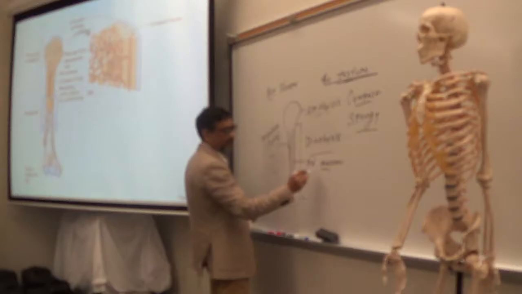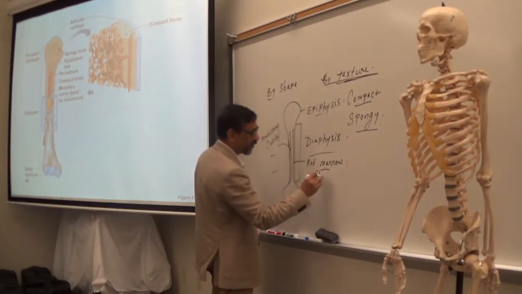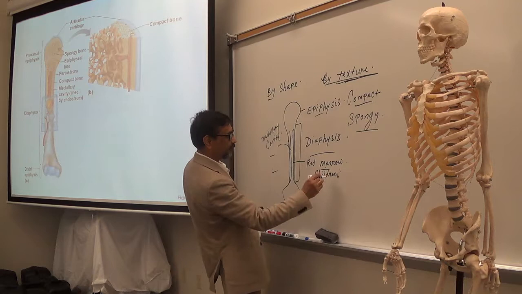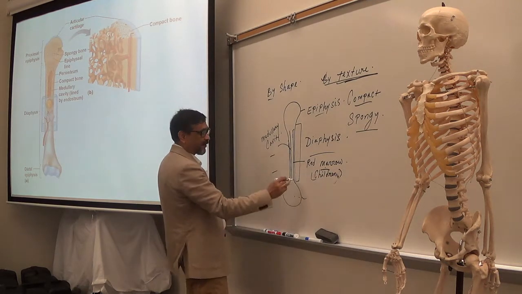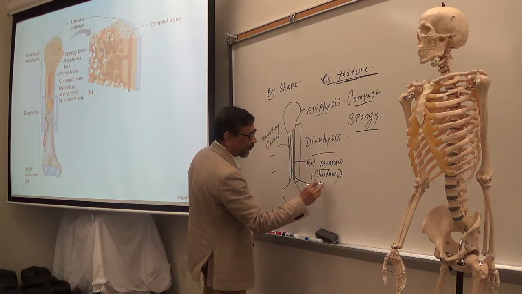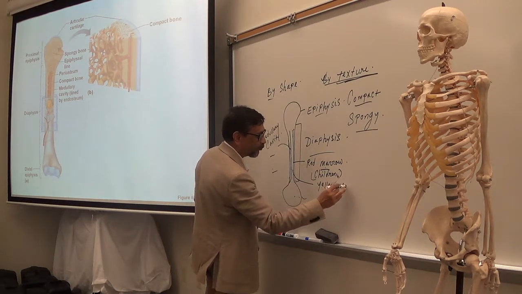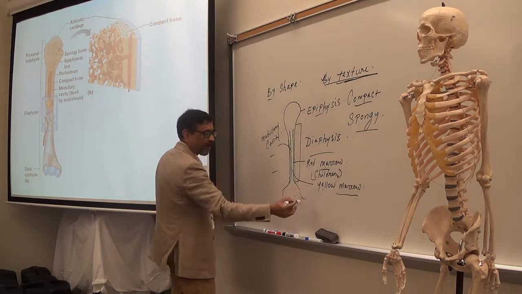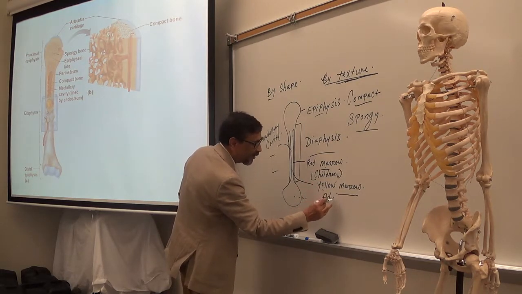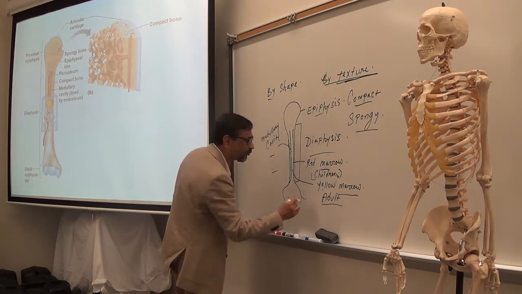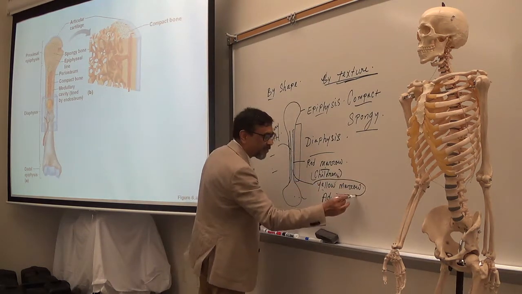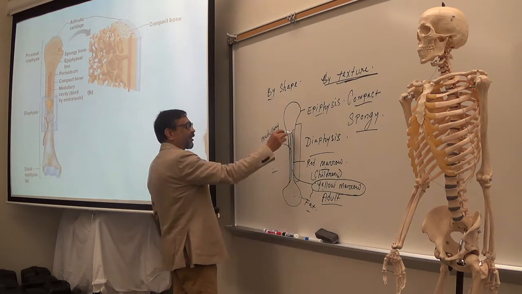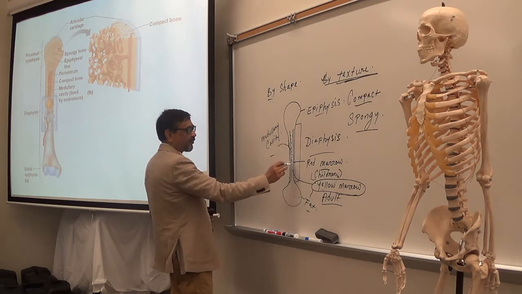So red bone marrow you will find in children, okay, and in adults you will find yellow bone marrow. Yellow bone marrow is actually fat. Yellow bone marrow is adipose tissue or fat. Okay? So that fat stores energy.